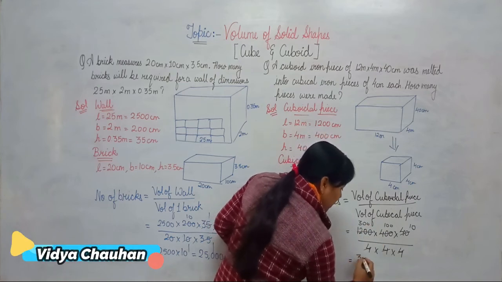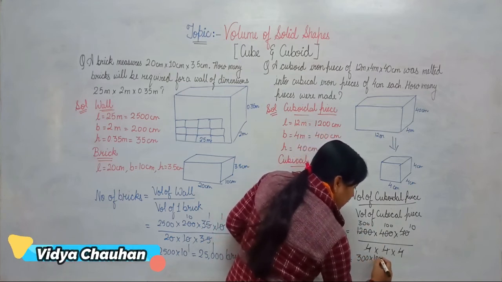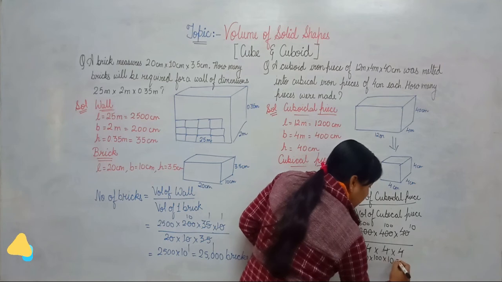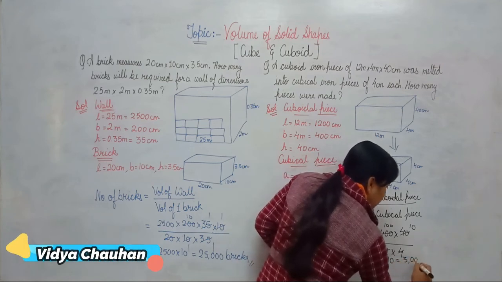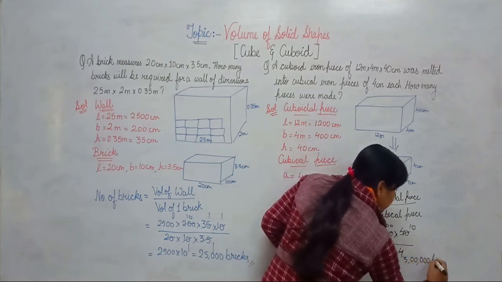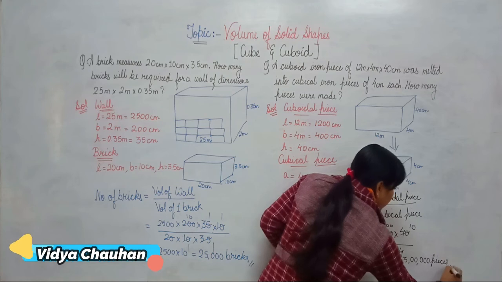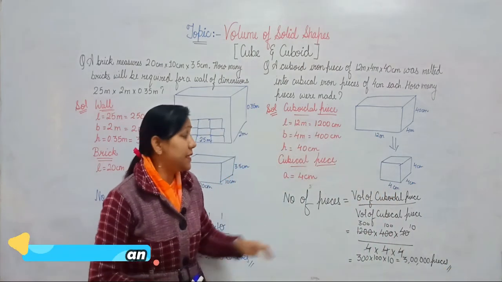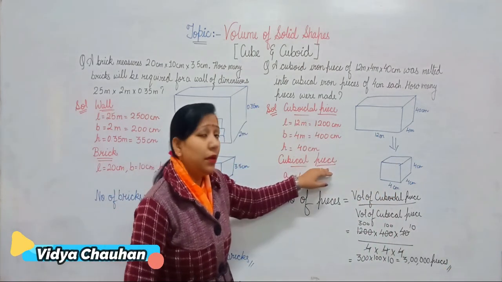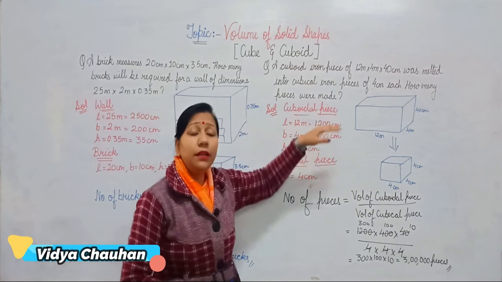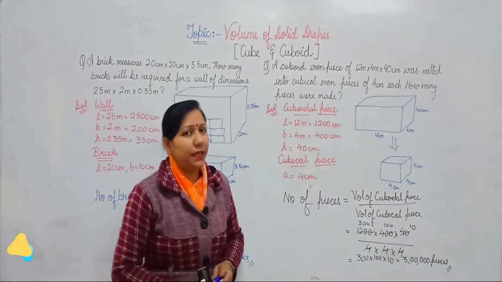So we are left with 300 multiplied by 100 multiplied by 10. And what you will get? You will get 3 lakh pieces. So we will get 3 lakh pieces of the cubical one from the given cuboidal iron piece.